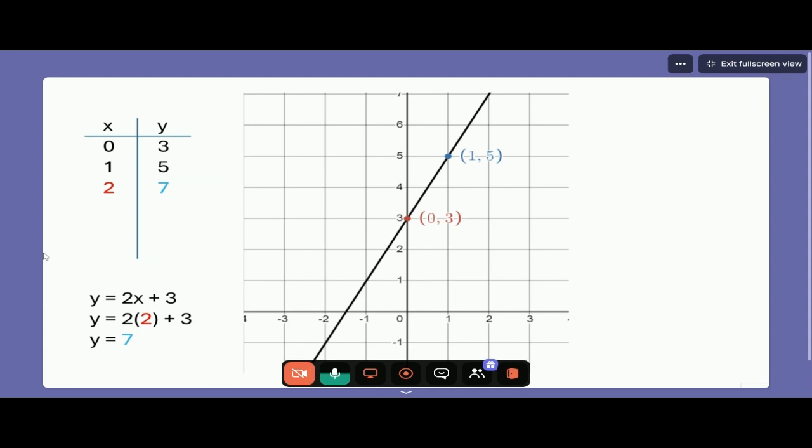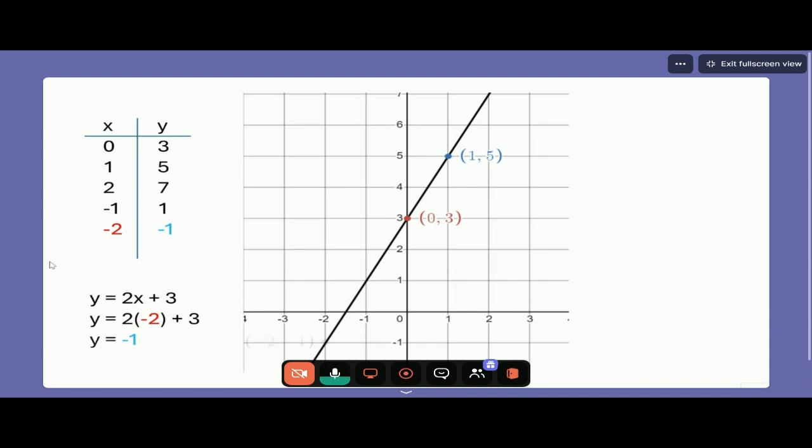Or what if we had chosen x equals -1? Put in -1, follow the work, pause it if you want to, and follow this through. You get out y equals 1. Or what if we had chosen x equals -2? 2 times -2 is -4. -4 plus 3 is -1, so there's that pair.